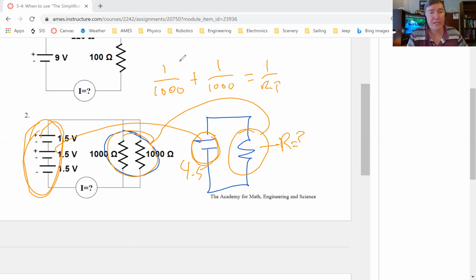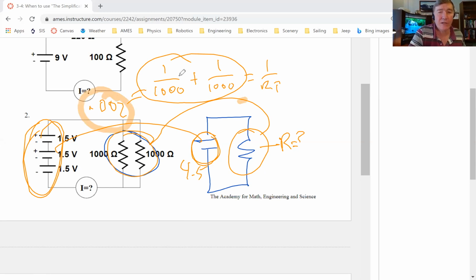Okay, so what I like to do is take this and put it in my calculator. So 1 divided by 1,000 plus another 1 divided by 1,000. Okay, so that gives me an answer of 0.002. And then what I like to do is ask, does this number equal our total? To which you will then say, no, this number equals 1 over our total.